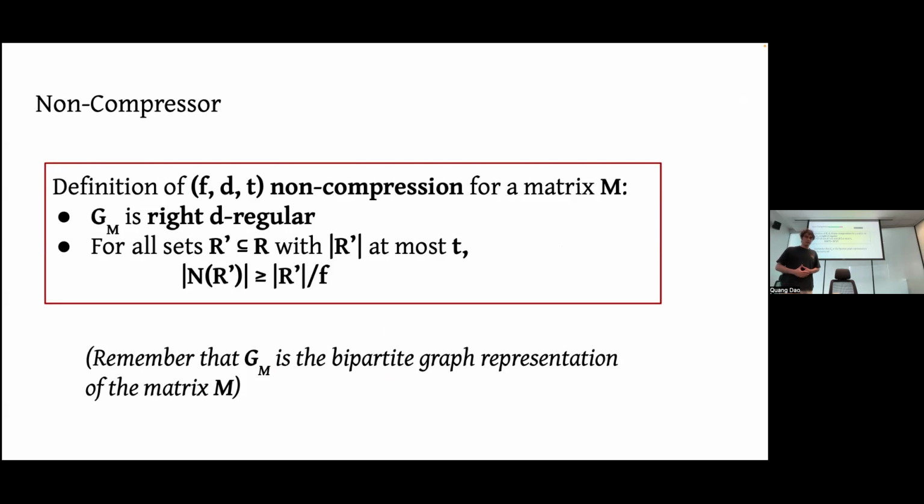More formally, we define this non-compression property very similarly to the expansion property. The only real differences here are that I've used D to denote the right regularity instead of K. And for the expansion, of course, we plugged in this slack factor instead of requiring a multiplicative gamma K increase.